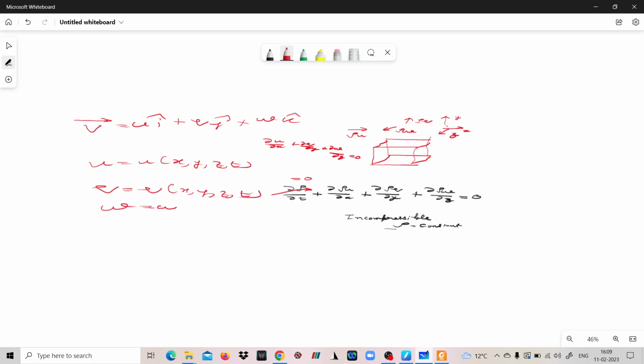Similarly, w is a function of space and time.